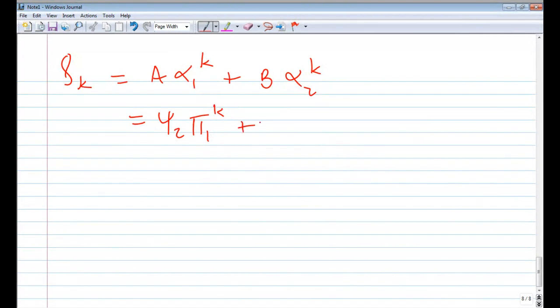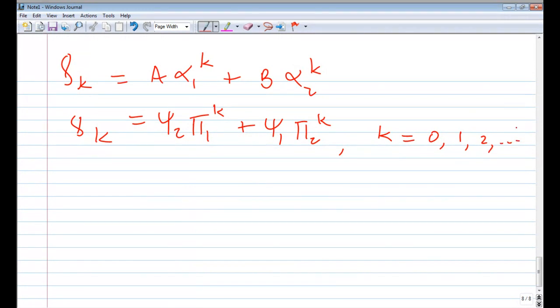Then you say plus B is psi 1, sorry. Alpha 2 is pi 2 to the power k. So now rho k equal to this. Now you can say where k starting from 0, 1, 2, and so on.